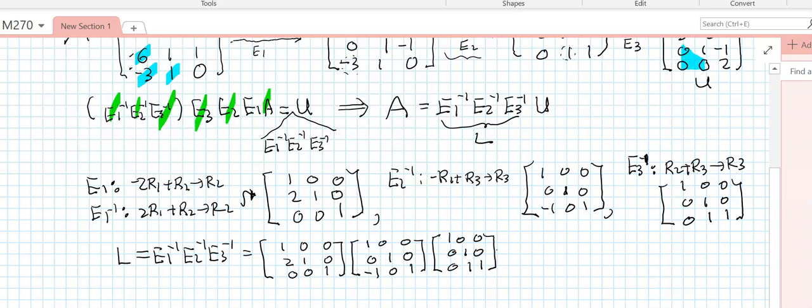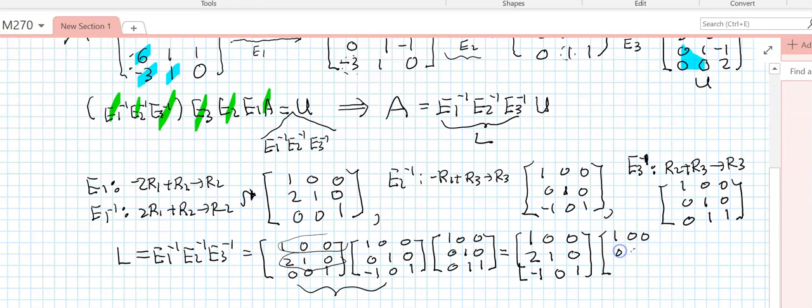When you multiply that, the first row is 1, 0, 0. The second row is 2, 1, 0.